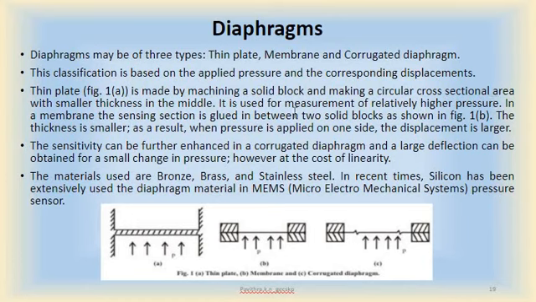In a membrane, the sensing section is glued in between two solid blocks. This is one solid block, and this is another one, and between these two solid blocks the membrane is glued.